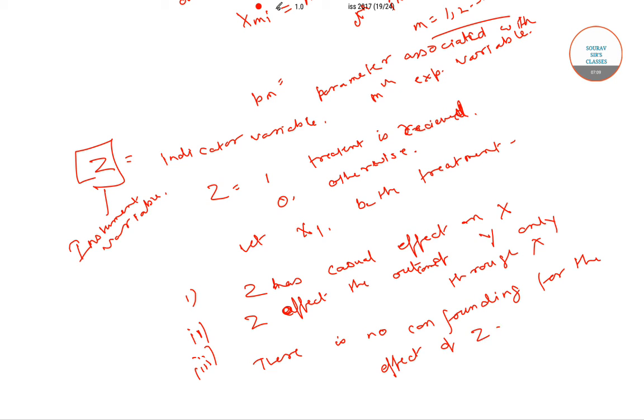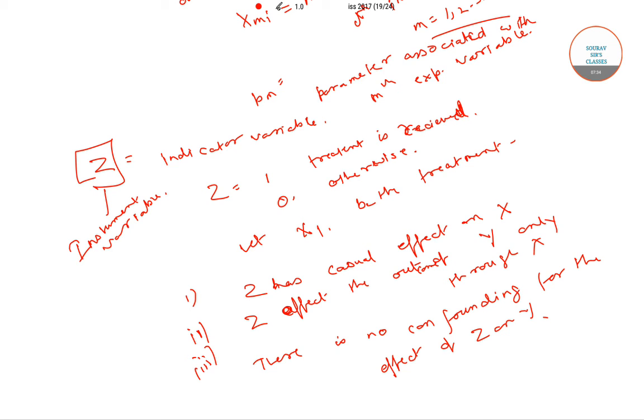So the two criteria which this instrumental variable follows are that, number 1, it causes variation in the treatment variable, and it does not have a direct effect on the outcome variable, that is, it only affects it indirectly through the treatment variable.